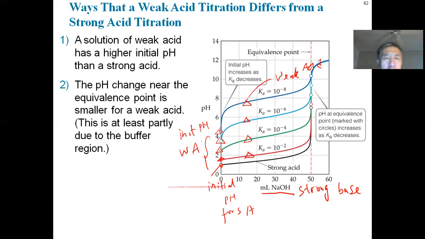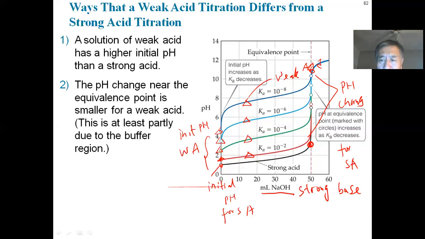Another point is the pH change near the equivalence point is smaller for a weak acid. That is at least partially due to the buffer region. Remember we did one calculation: before the equivalence point, your solution really turns into a buffer. Let's see how much the pH changes. For the strong acid with the strong base, this is the pH change for the SA, strong acid.